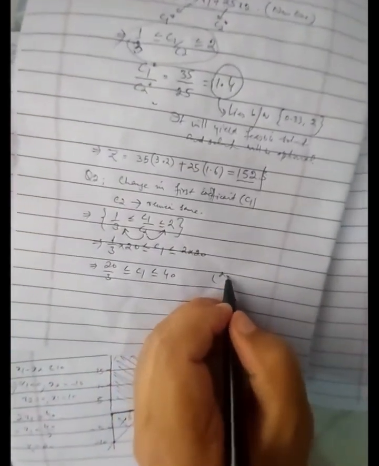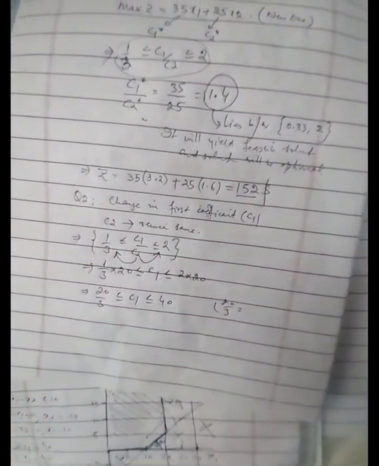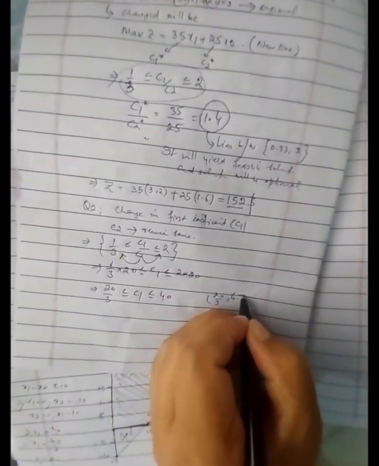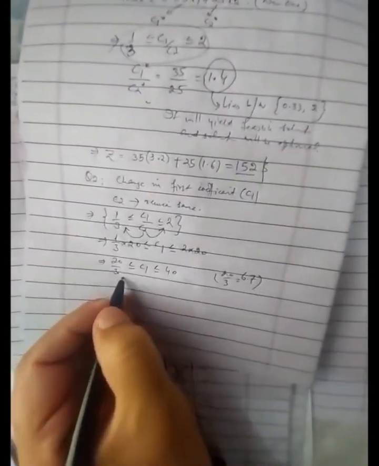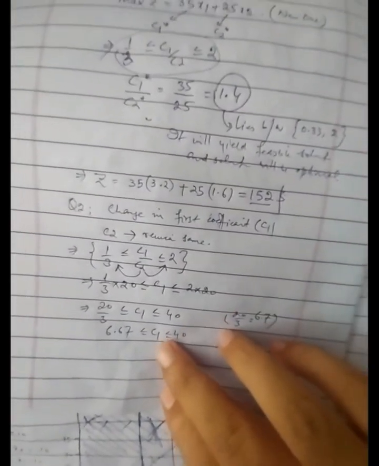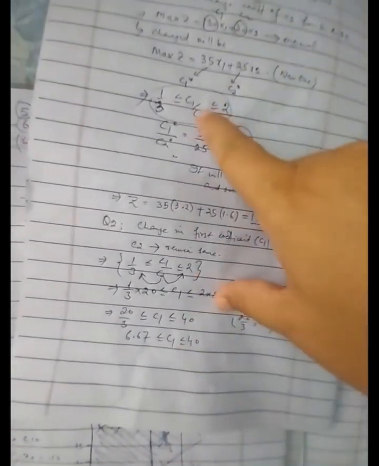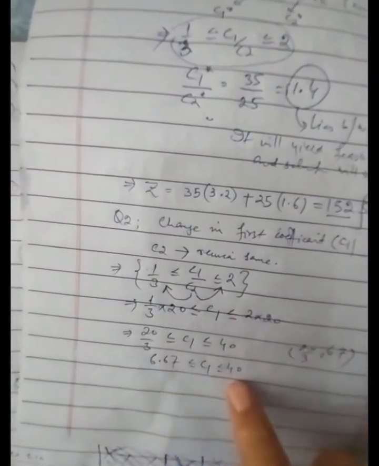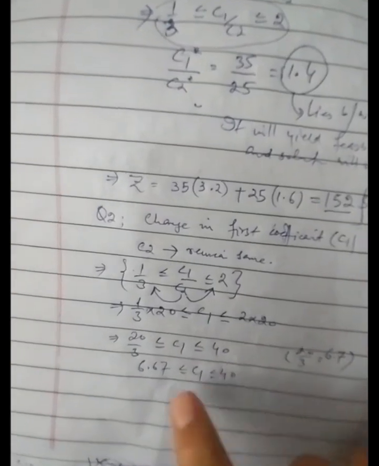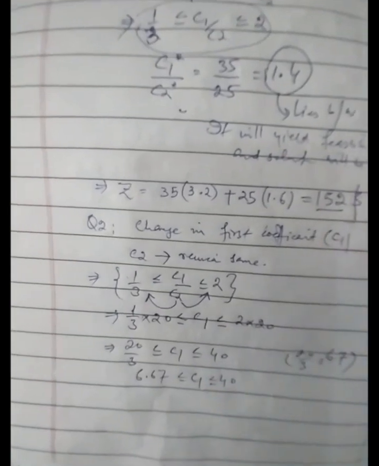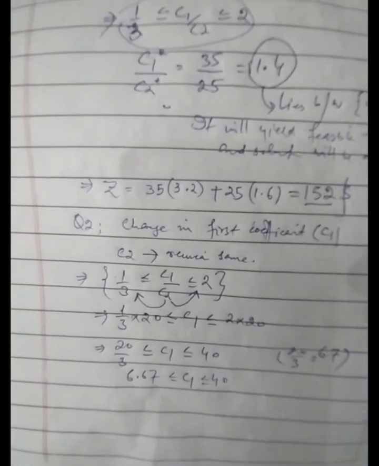Now 20 by 3 is equal to 6.67. This is the optimality region for C1. The coefficient C1 can be between 6.67 and 40, and it will yield an optimal result.